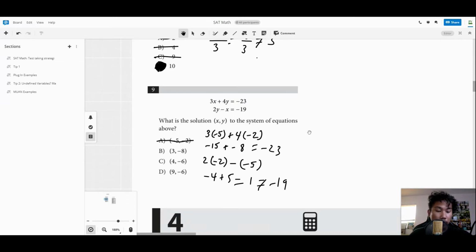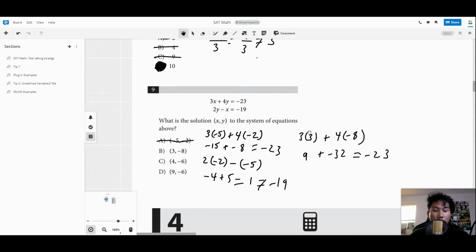So let's try B. 3 times 3 plus 4 times -8. So 3 times 3 is 9 plus -32, and if I add those two together, 9 plus negative 32 is, in fact, negative 23.